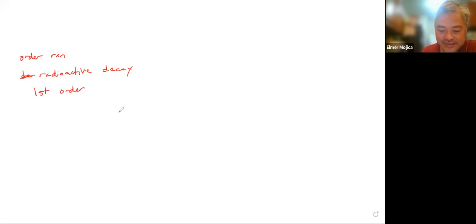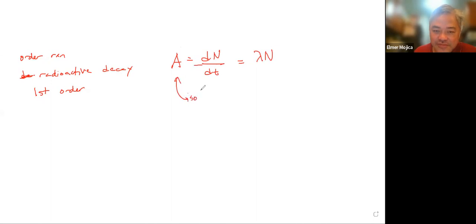Okay? So if you're going to look at what we call first order, maybe ilalagay natin A is equal to negative dN over dt, and we could say that is lambda times N. So A, we could say that is the isotope's activity.